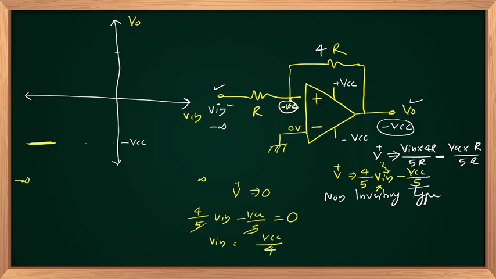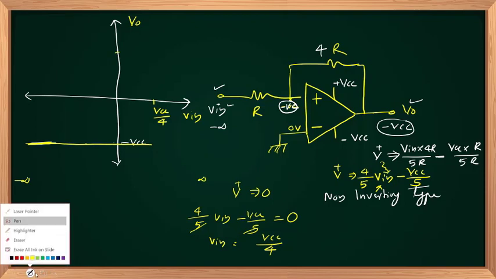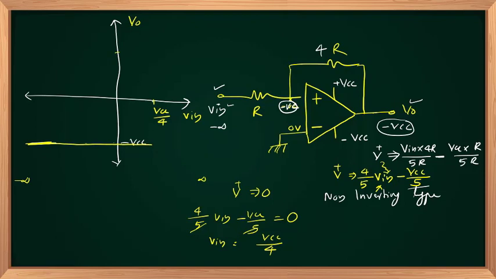So if you are increasing your input towards the positive side, the moment it crosses a value VCC upon 4, the output goes from minus VCC to plus VCC, because if input is beyond VCC by 4 towards the positive side, then V plus will become positive.